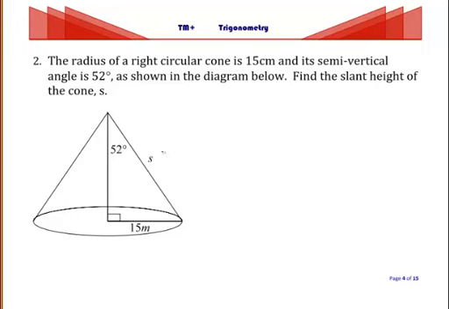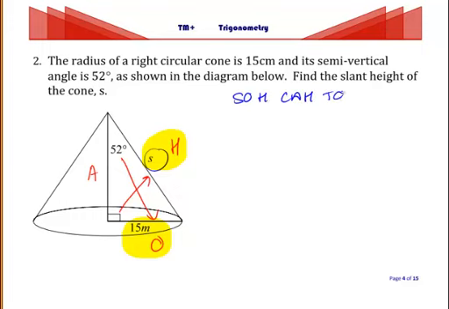Now we're trying to find this S here, so let's label our diagram. Opposite our angle is opposite, opposite our right angle is hypotenuse, and our other side is A. What are we given? Well, we have 15 metres, which is our opposite, and we want our slant, which is hypotenuse. So again, looking at SOHCAHTOA, O and H is for sine.